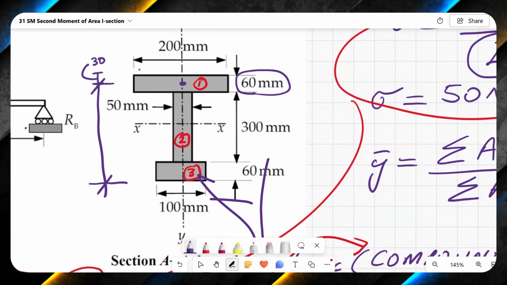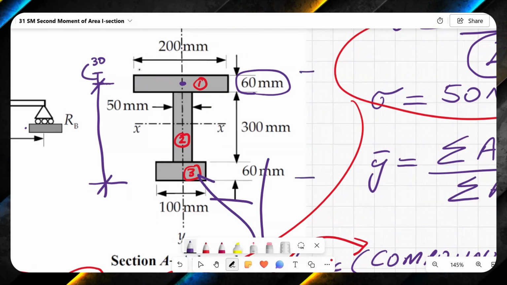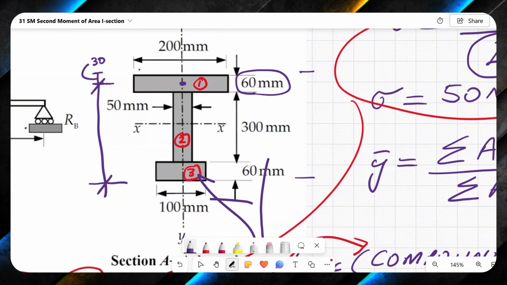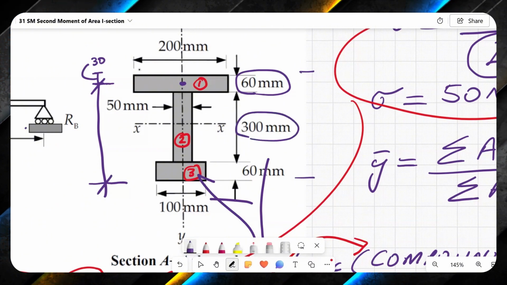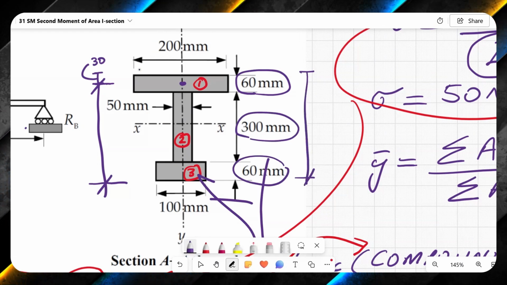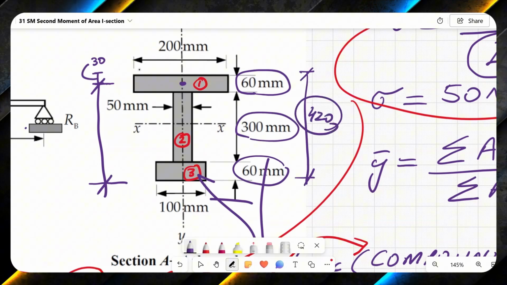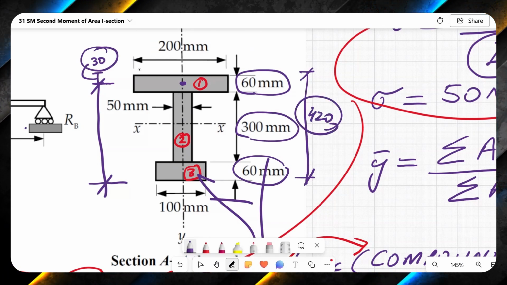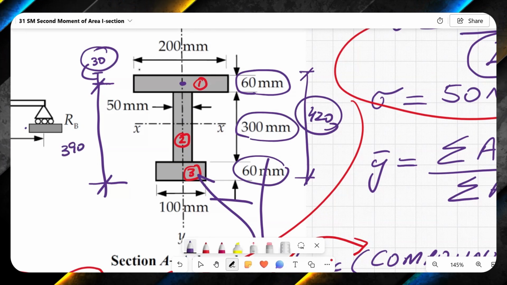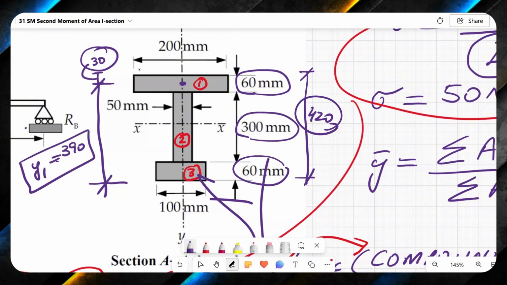So total distance from top to bottom is equal to 420, which means 300 plus 60 plus 60, total is 420. If you take away 30 from 420, the remaining one will be 390. So I can say that y1 is equal to 390.